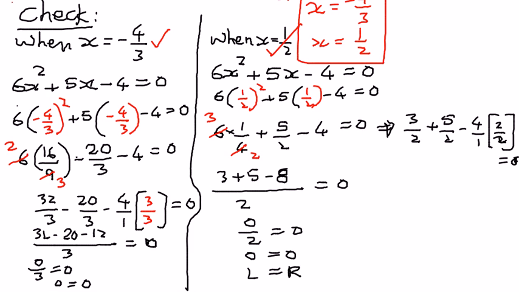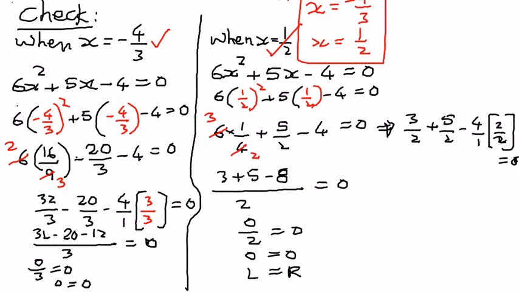So this is the way we want to be able to use the procedure which we talked about to solve quadratic equations by factoring. We have used the procedure to factor the quadratic equation and then use the zero factor property to find the value of x.